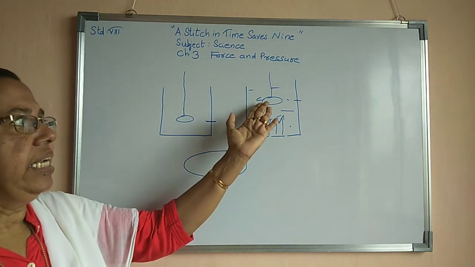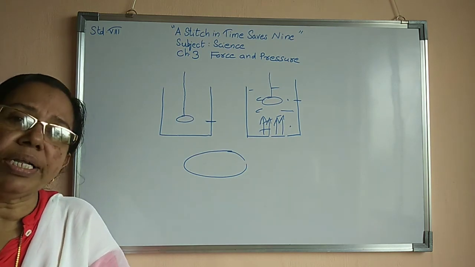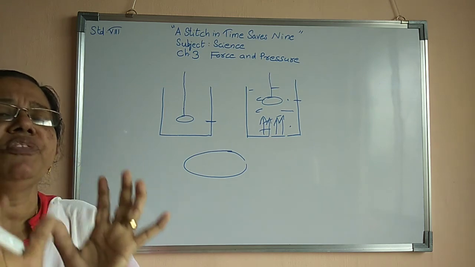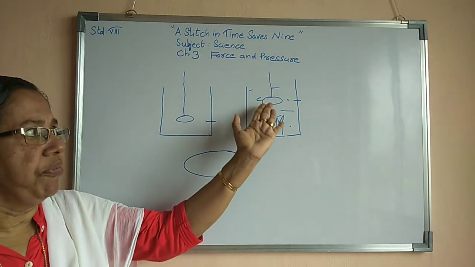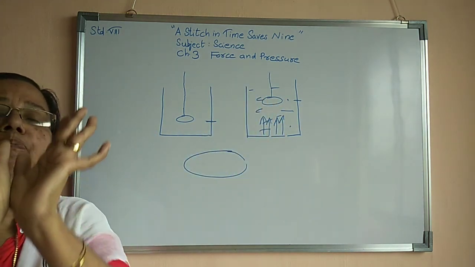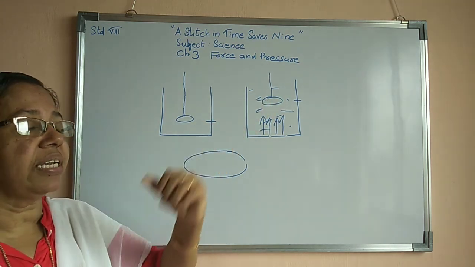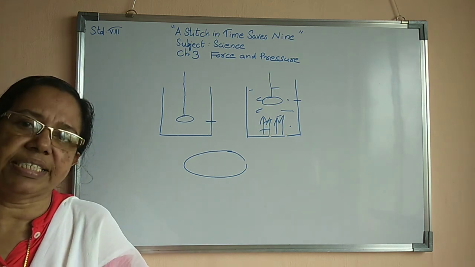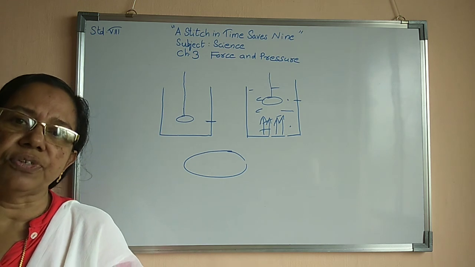If the object displaces more quantity of water, then that much more upward force is exerted by the water. If less water is displaced by the object, less upward force is exerted by the water. Upward force means buoyant force.